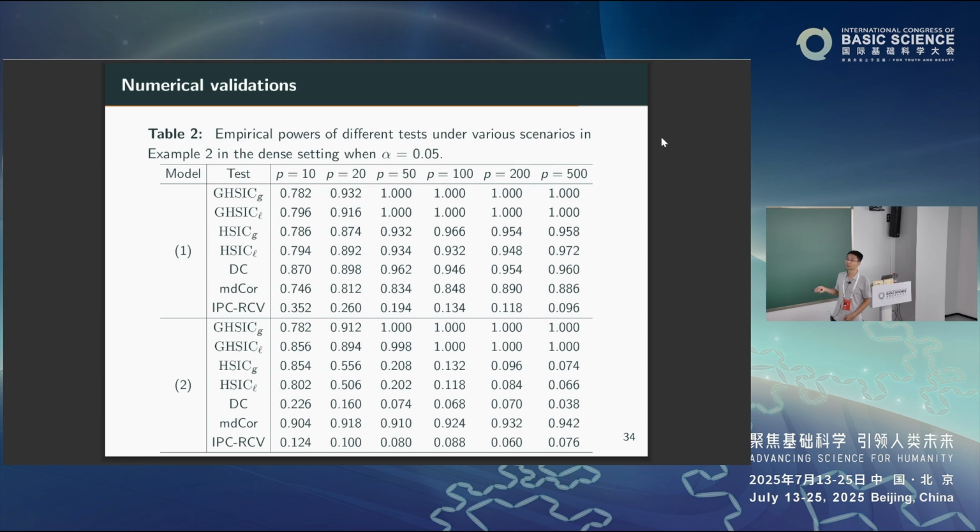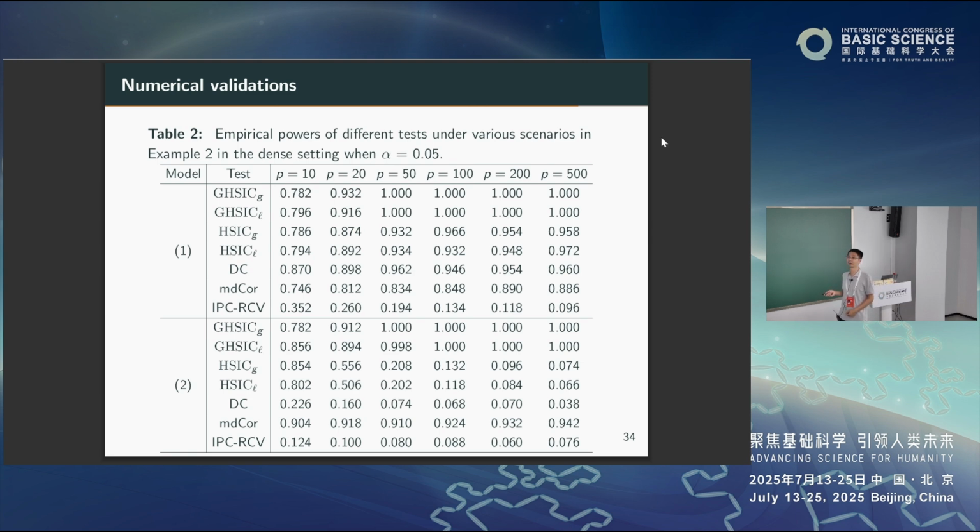We show a part of the final simulation results. We can see that in the first model, where y depends on x only linearly, almost all methods can maintain the empirical power at a high level, even when the dimension is high, with both p and q at 500.